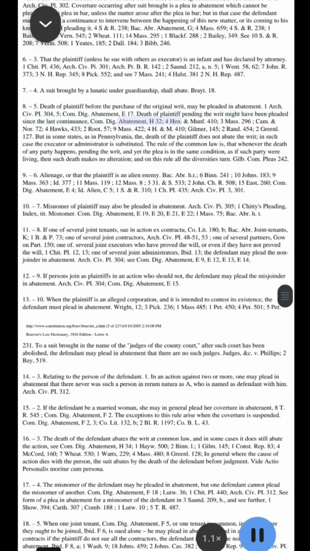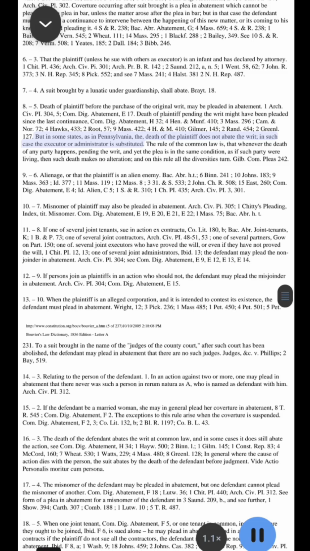Abatement, H32, 4 Hen. & Munf. 410, 3 Mass. 296, Cam. & Nor. 72, 4 Hawks 433, 2 Root 57, 9 Mass. 422, 4 H. & M. 410, Gilmer 145, 2 Rand. 454, 2 Greenl. 127.